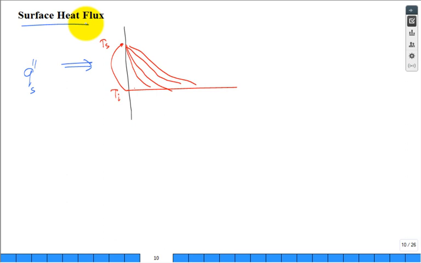We can solve for that surface heat flux. So what we do to find Q double prime at the surface, which is going to be a strong function of time, is we go back to Fourier's law. How does Fourier's law help? Well, it says that Q double prime is equal to minus K, the derivative of temperature with respect to space evaluated at x equal to 0.